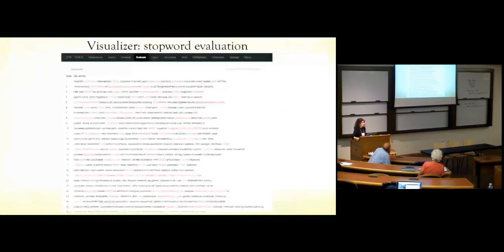We also, and this is something that one of our students, Josh Campbell, added to the existing visualizer, which was a tool for stop word evaluation. What you see on the screen is a set of words associated with each topic in which the proposed stop words are presented in red.